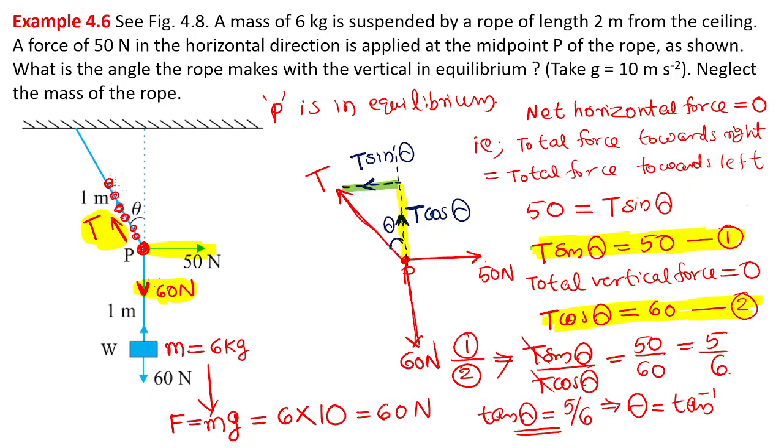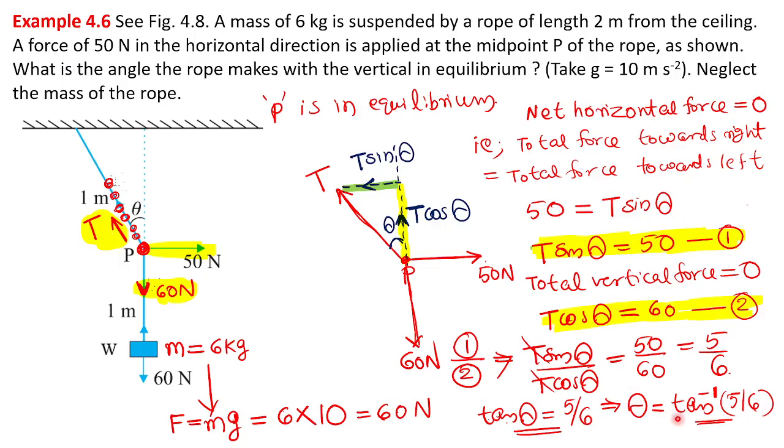Press tan inverse, followed by 5 by 6. You will get the angle, maybe 25 degrees or 26 degrees. But since the calculator is not allowed, you need not do any further calculation.